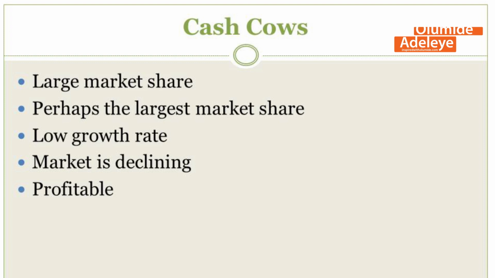Okay, now in the BCG Matrix, the cash cow product is a product that has high market share. So the product is generally speaking doing very fine, but the growth rate is low. So what that implies is even though the product is doing very well, the product cannot really be said to have a lot of potential anymore.